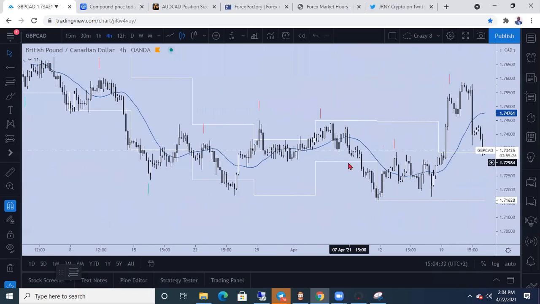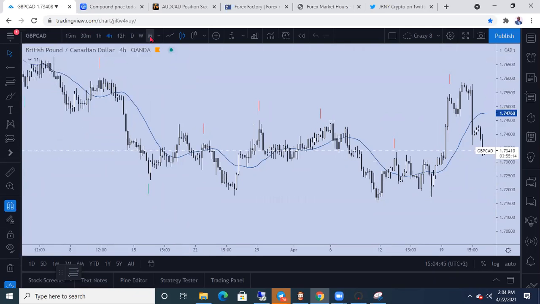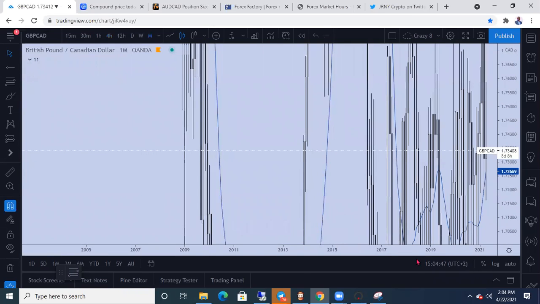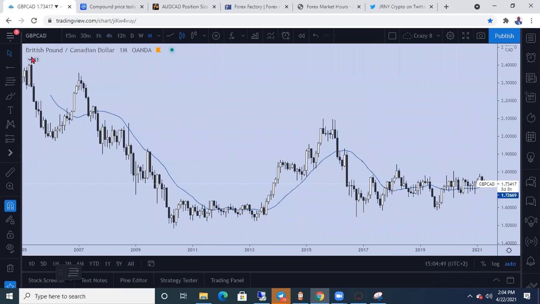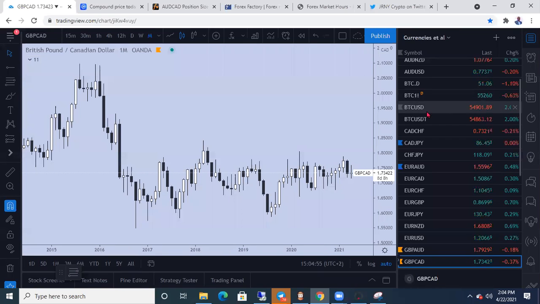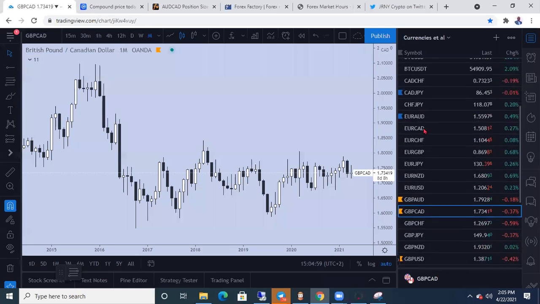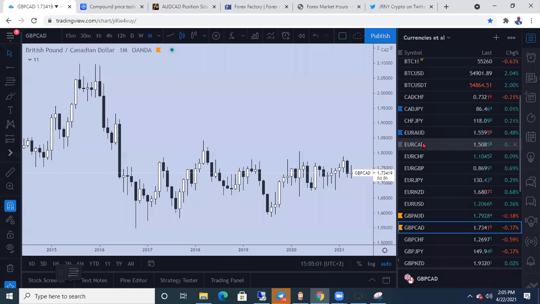So let's quickly do top-down analysis. So you want to trade, let's hide weekly high and low. So you start from your monthly, for instance. Also hide this. And look for something like, someone else will give me another pair to look at.